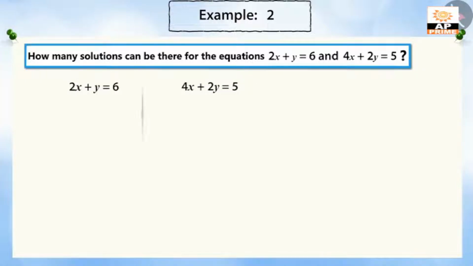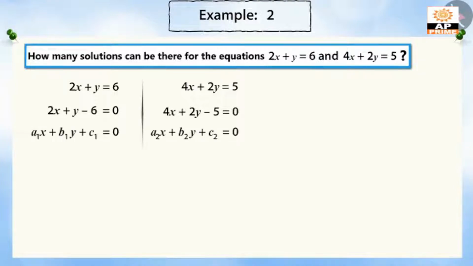Can you find any relation between the coefficients and the constant terms of the given equations? Let's compare the equations with the general form of linear equations in two variables. We can see a1 is equal to 2, b1 is equal to 1, c1 is equal to minus 6, a2 is equal to 4, b2 is equal to 2, and c2 is equal to minus 5.